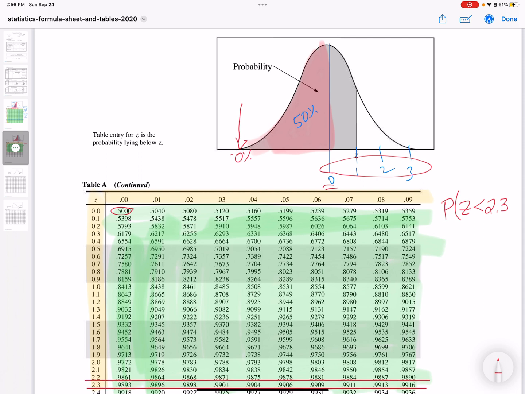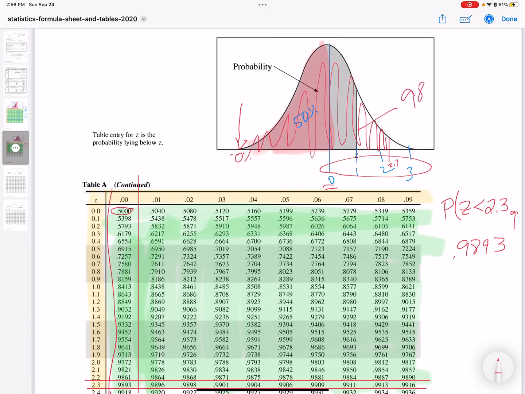And I said 2.3, so that means that's gonna be 2.30, so 0 is here. And my value is 0.9893. So let's go again, 2.3 is about here. So that means all of this is shaded, and that's about 98.93%. Okay, so that's how to do a z-score chart.